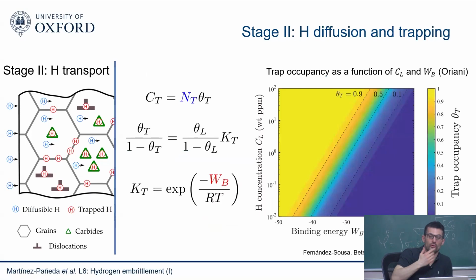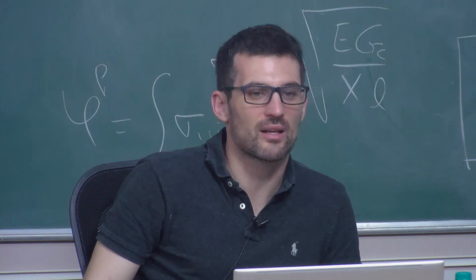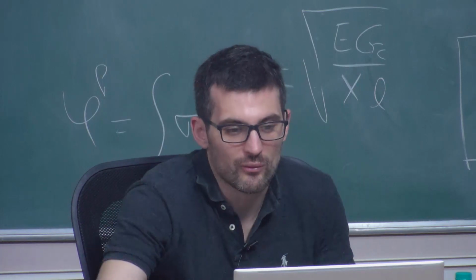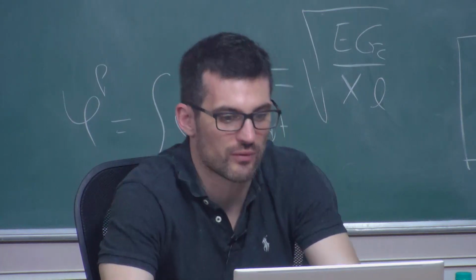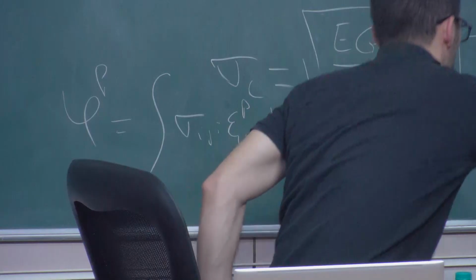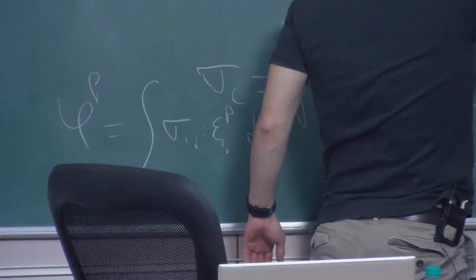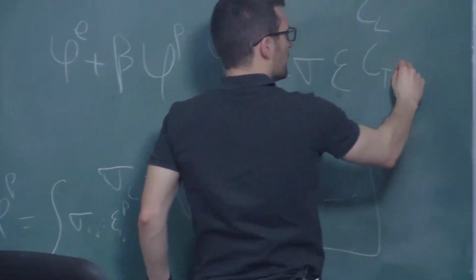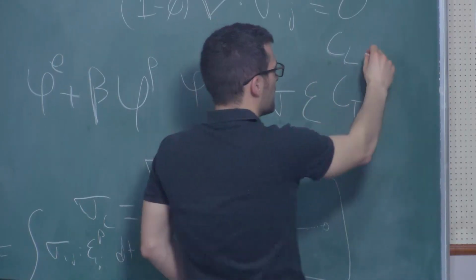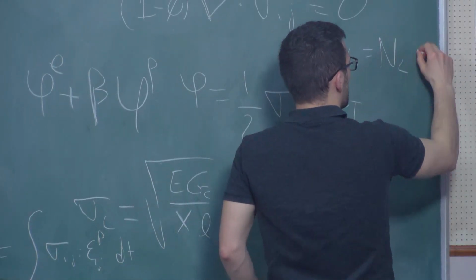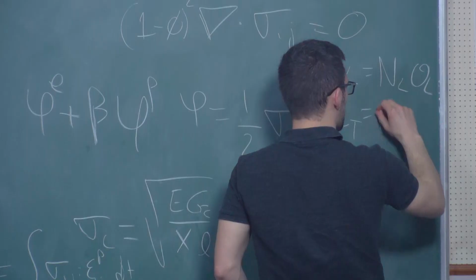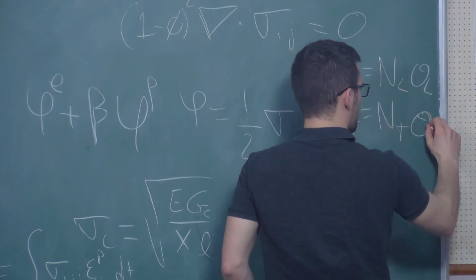If you assume what we call Oriani's equilibrium, you assume that the lattice and the traps are in equilibrium, which seems to be valid over sensible timescales. I'm not showing it here, but normally we define two concentrations of hydrogen, the one in the lattice and the one in traps, and they are equal to their occupancies multiplied by their densities.